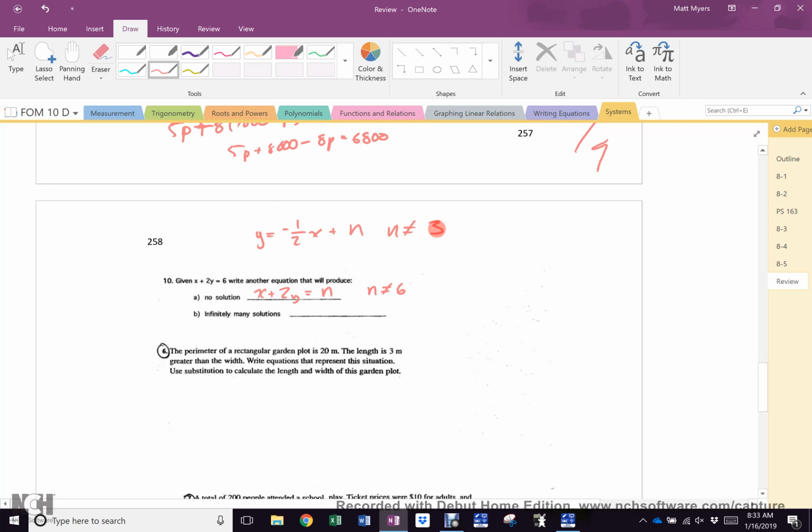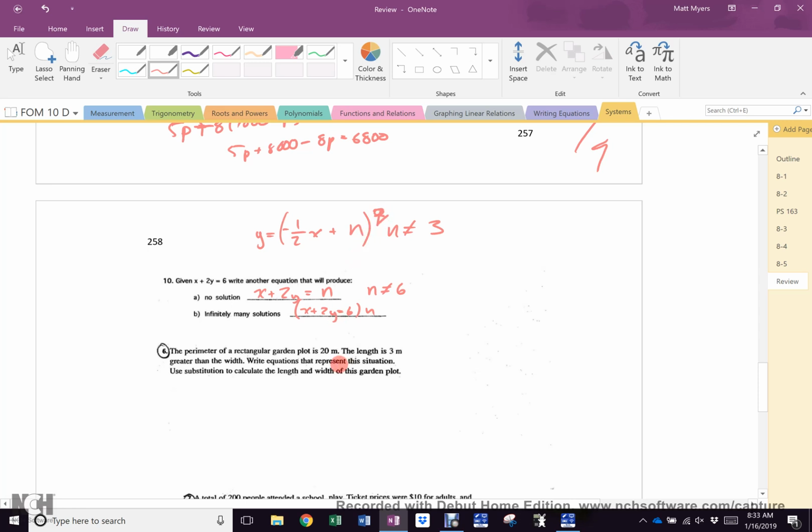Anything like that. Infinite solutions is x plus 2y equals 6 times any number, because that will give you the same line, as long as they're both the same. Same thing up here. You could multiply that by any number.